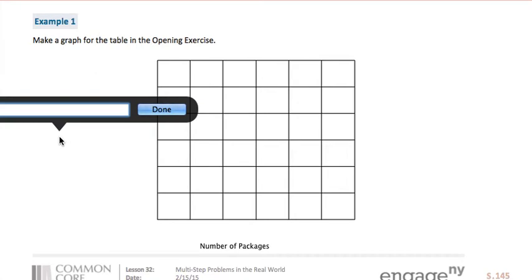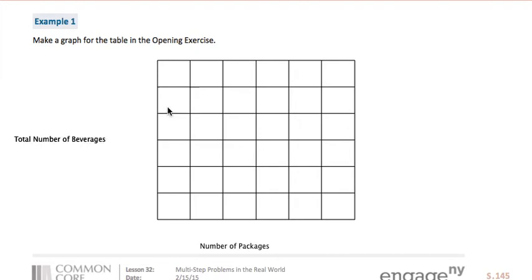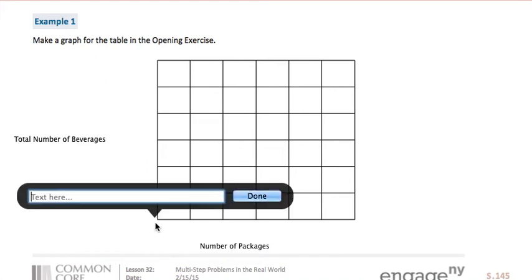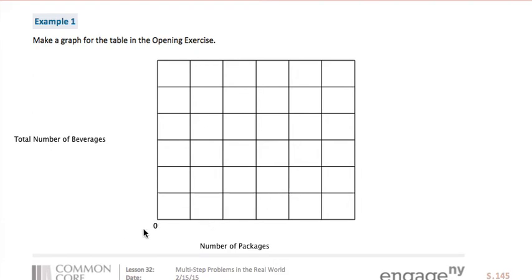And this is the total number of beverages. Then we need to create a scale on each of the axes that will allow us to fit all of the points on this graph, keeping in mind that we start at 0 for both axes.